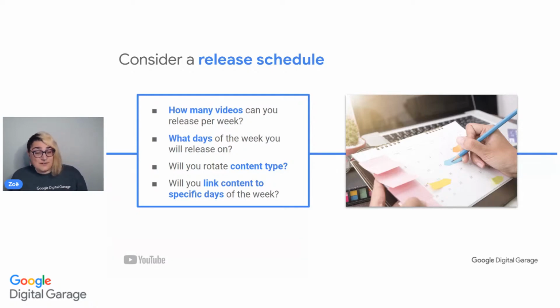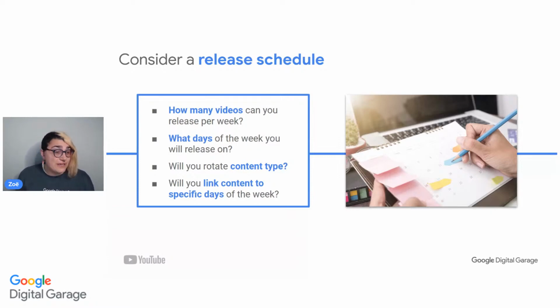This is really useful if you're going to be doing regular release scheduling, where you're releasing maybe two videos a week. Then it's worth making sure that they are being released on the same day every week so people know when to expect them. You can even link content to the specific days of the week. So for example, you could do a Fun Facts Friday, where Friday is for fun facts.